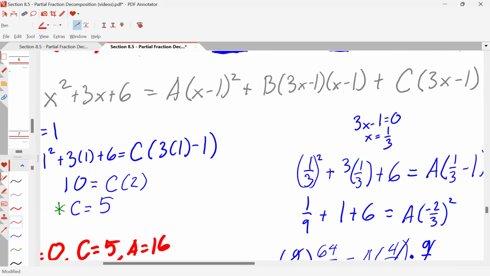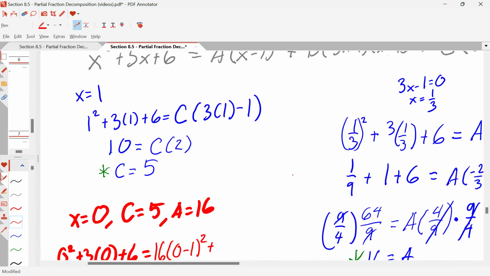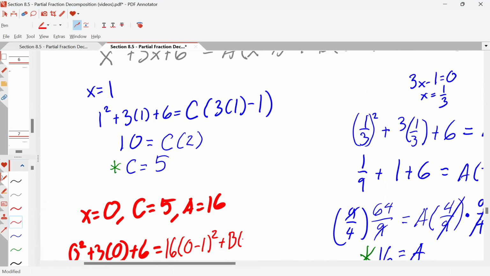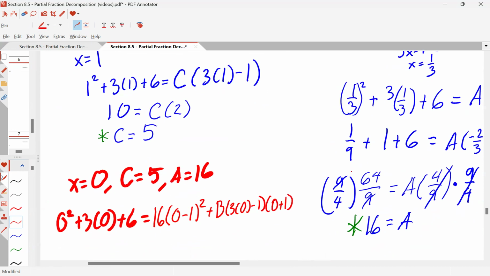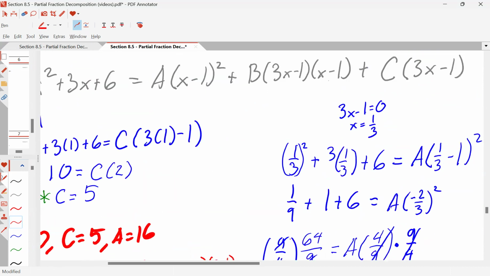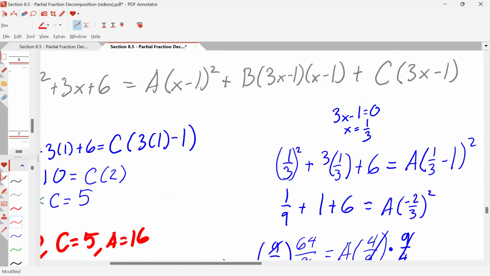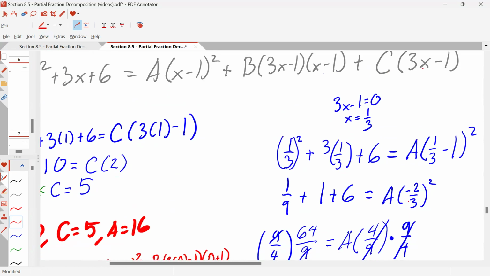So plugging 0 in, we have b times 3 times 0 minus 1 times 0 plus 1. And then the last one is c. We know c is 5, and x is 0.